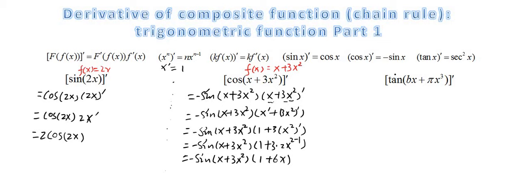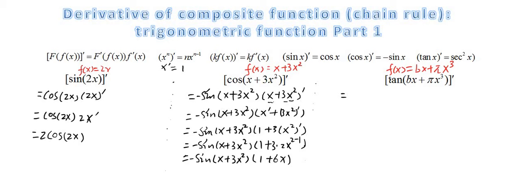Now let's take a look at the last one. For the last one, we can identify that capital F is tangent, so the derivative of capital F is going to be secant squared. And for little f x, we can write it as bx plus pi x cubed. Now we can write down the answer.